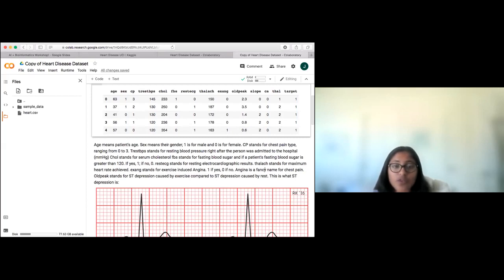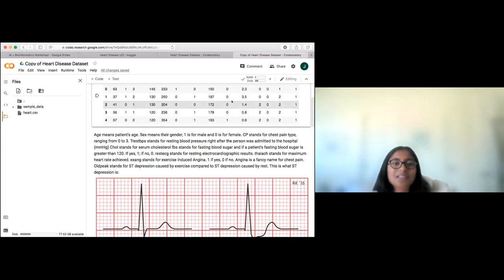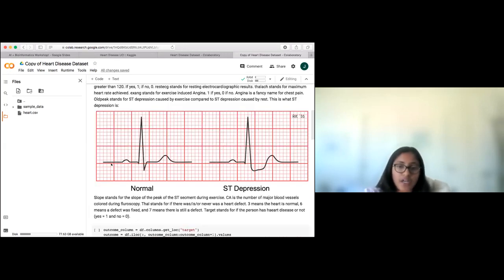So if you get chest pain when you exercise, then that is bad apparently, and you get a 1 in this column. And then oldpeak stands for ST depression caused by exercise compared to ST depression caused by rest. And this is what ST depression is. So as you can see, this is a normal graph of your heartbeat.